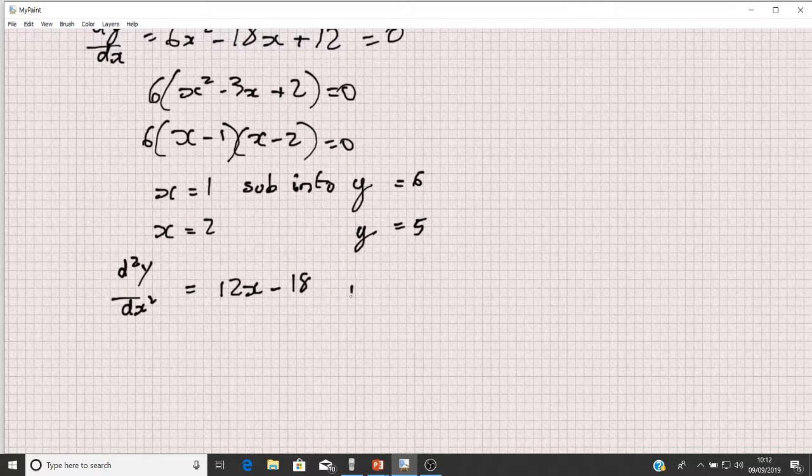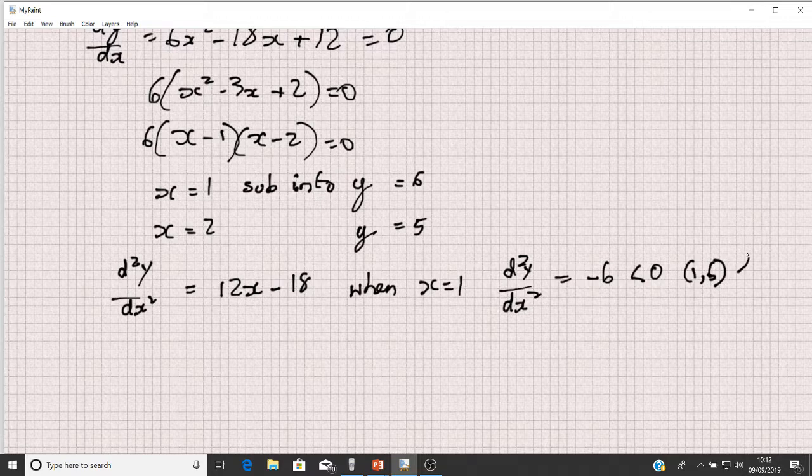So when x equals 1, the second derivative, d2y/dx squared equals minus 6. This is less than 0, so we have the point 1, 6 is local max.